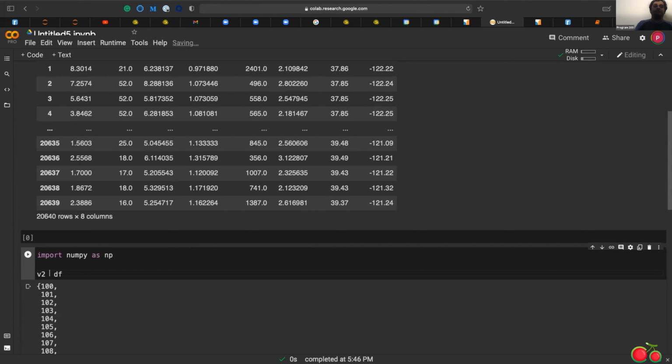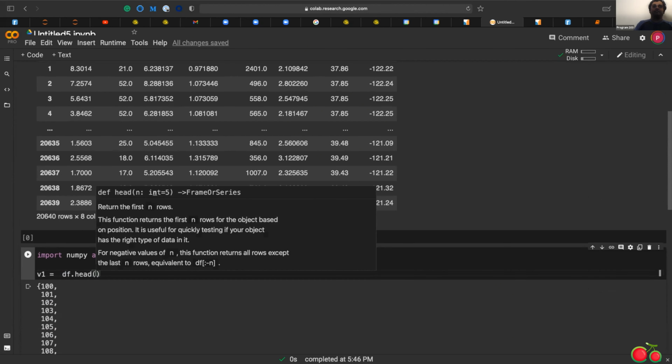So let's call this V1. You're saying dot head. What do I have to input? I don't remember the syntax very well.